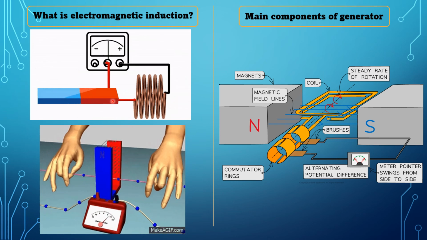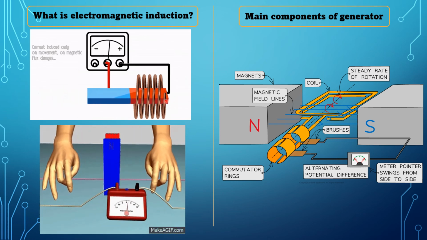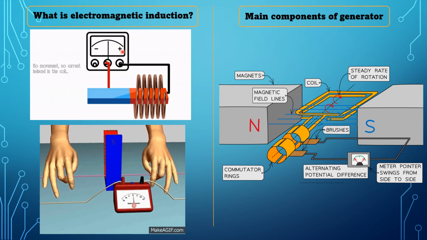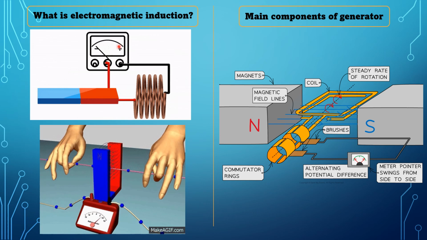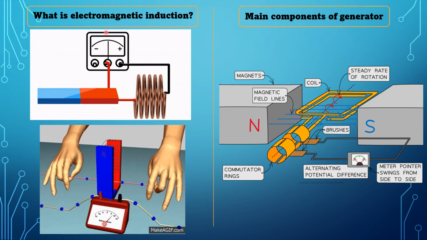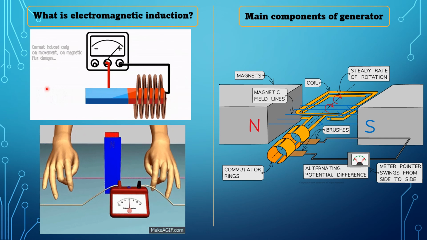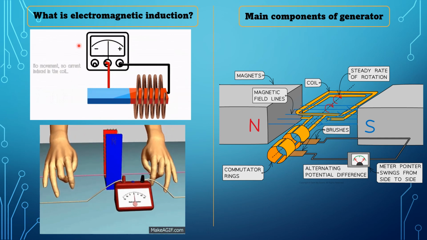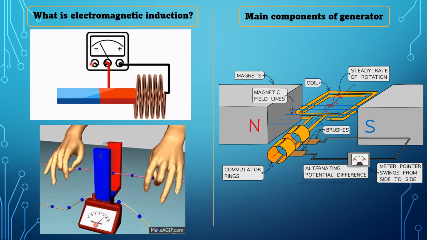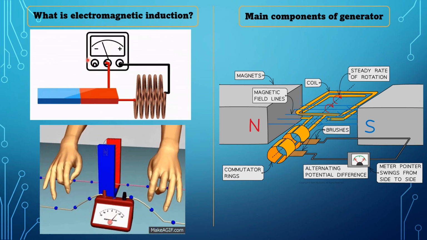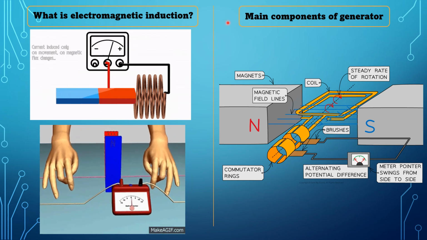When it goes inside, the coil cuts through the magnetic field lines of this magnet, so it will show a positive current. If we stop here, it's just going to show neutral, so no current is getting induced. And then if we pull it back, it's going to go reverse, so it's going to induce a negative current. So that's basically how electromagnetic induction happens.